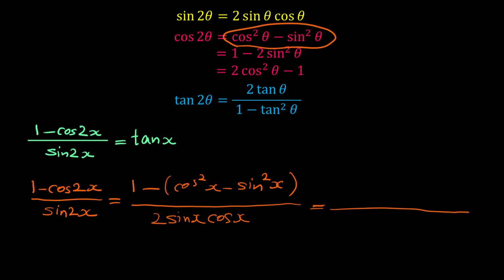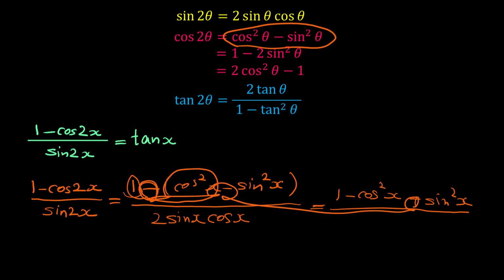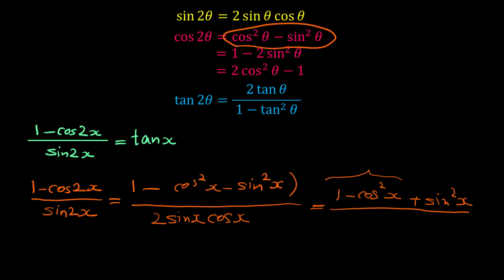If we simplify the numerator, we have 1 minus cosine to the 2x plus sine to the 2x, because minus times minus would be plus. Now look at the numerator: 1 minus cosine to the 2x is sine to the 2x based on the Pythagorean identity.